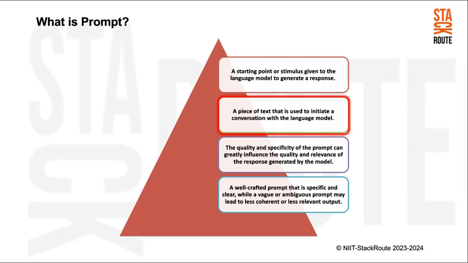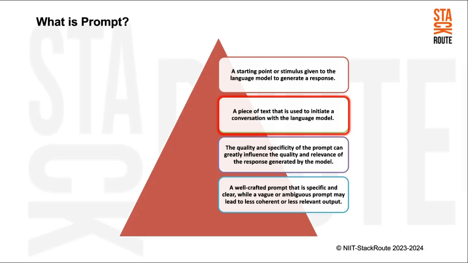For example, if you were to ask the prompt, what is the capital of France? The ChatGPT model would generate a response with the answer Paris or some additional information related to the topic of the capital of France. Prompts can be simple or complex.